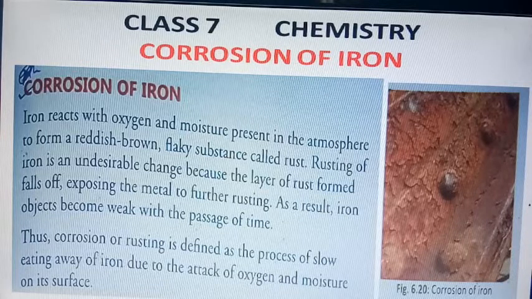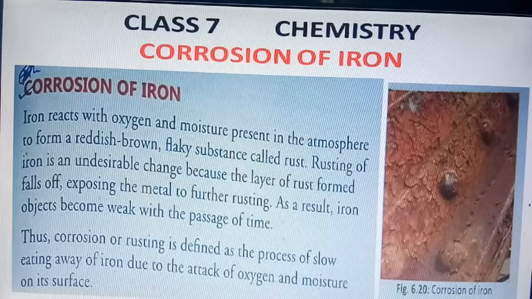First of all, the outermost layer of iron comes in contact with air and water and forms rust. When this rust is formed, it is a flaky powdery substance.